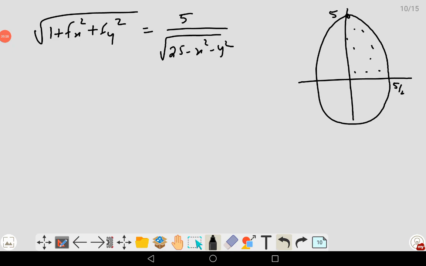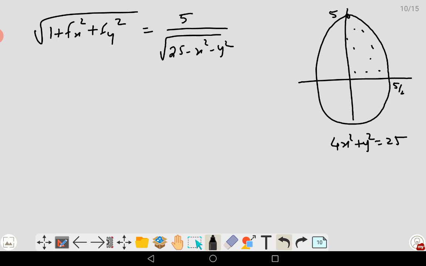The equation of the ellipse. What was the equation of the ellipse? I will write it for you to refer: 4x square plus y square is equal to 25.